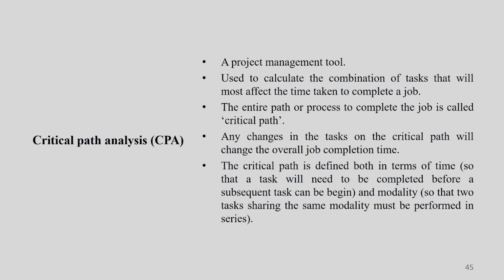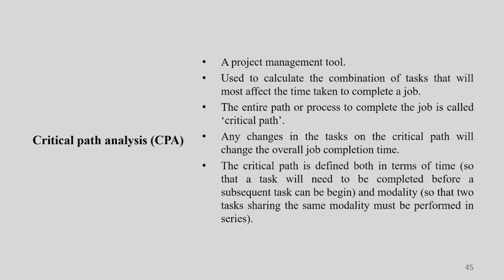Any changes in the task on the critical path will change the overall job completion time, of course, because if you have 4 or 6 critical paths and you make changes in one of them, the whole time taken by that job to complete will change.